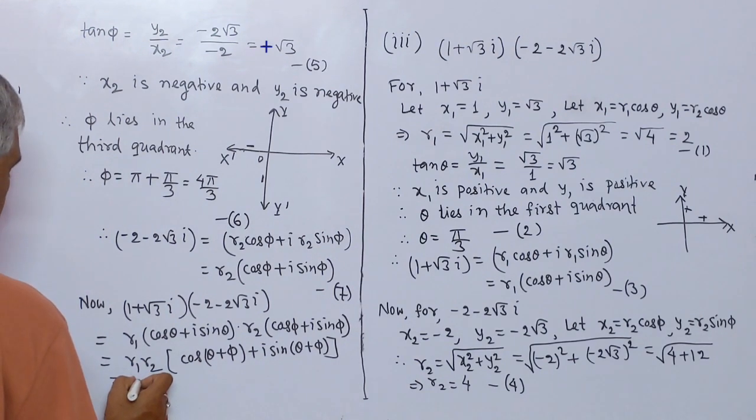Here r1 is 2, multiplied by r2 which is 4.